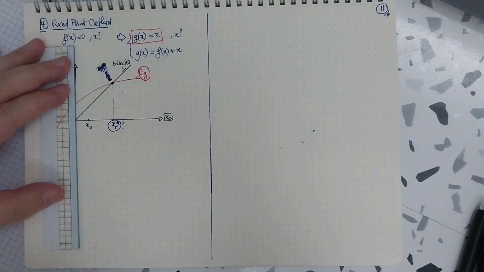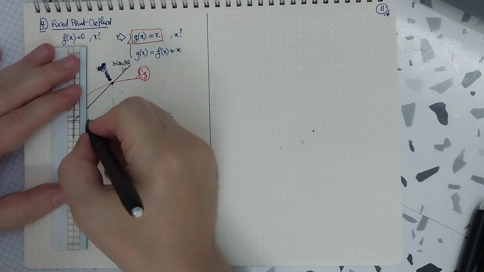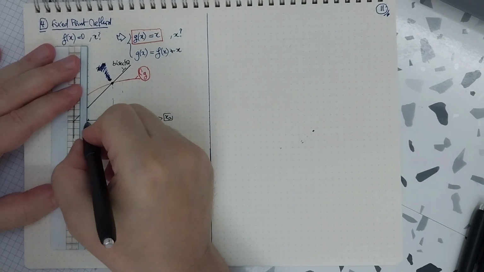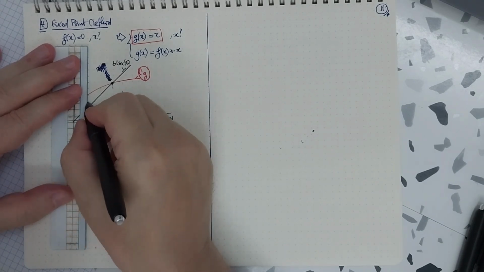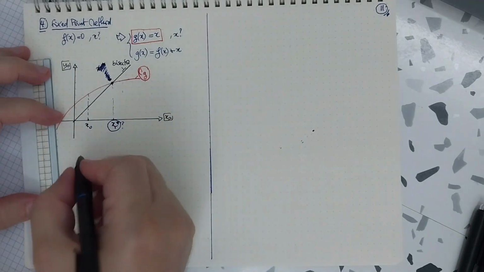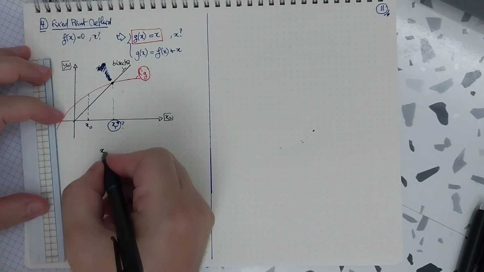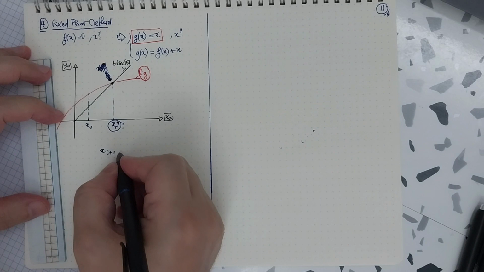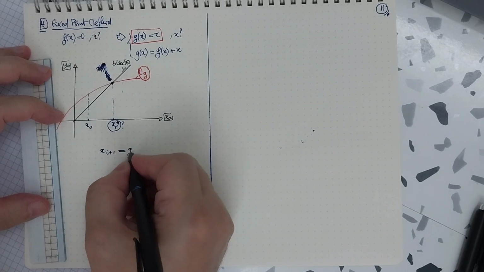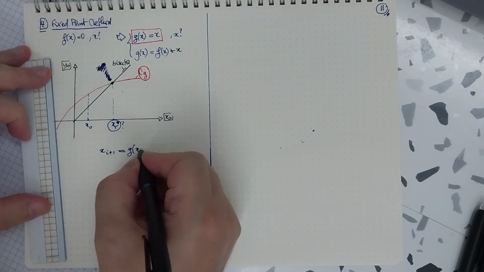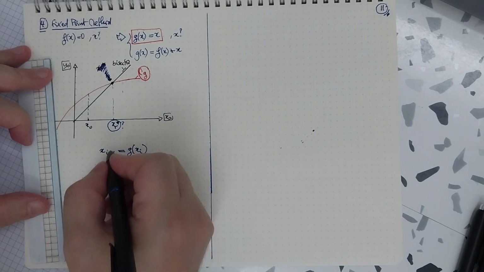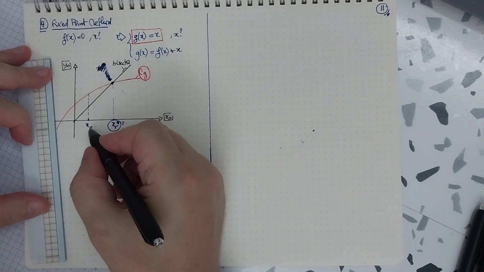So what we do, we start with a point. It needs also a start point. And we look for its image. The formula is that the next point is equal to the image of the current point. So we look for the image of x0.